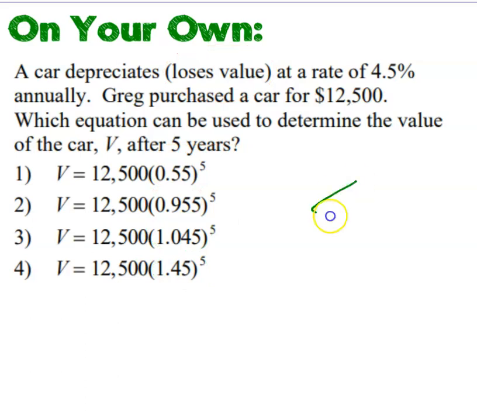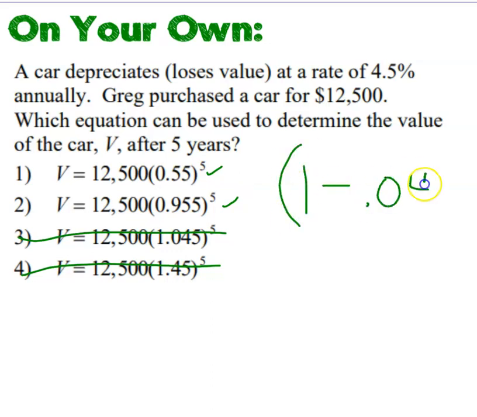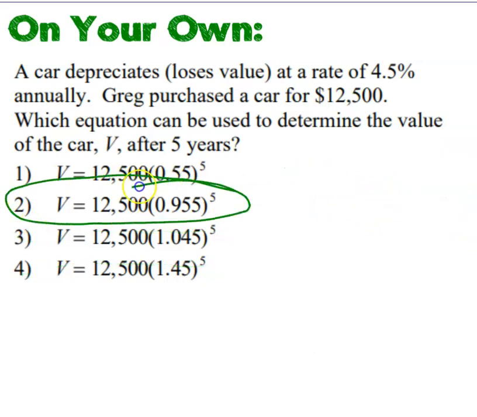We know that that quantity needs to be less than 1. So these can't be right. Now the question is, which one of those values is correct? So I had 100% and I'm losing 0.045. So that's the quantity you're looking to see the answer for. So 1 minus 0.045 is what you're going to be looking up. So hopefully you know that is 2.